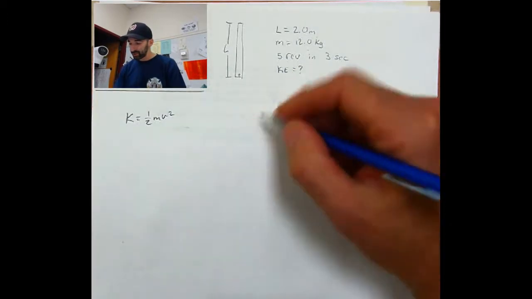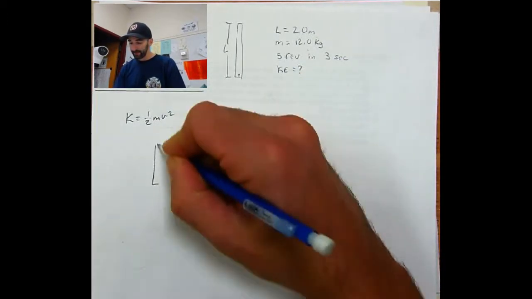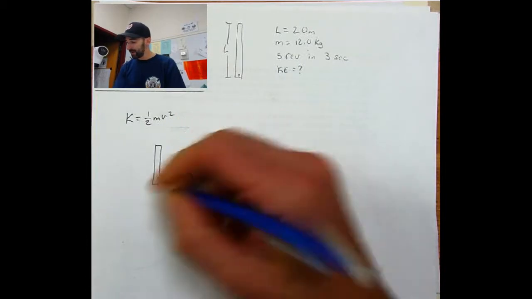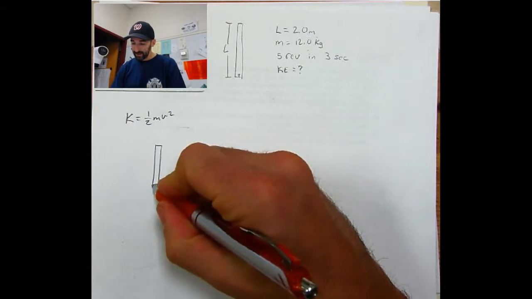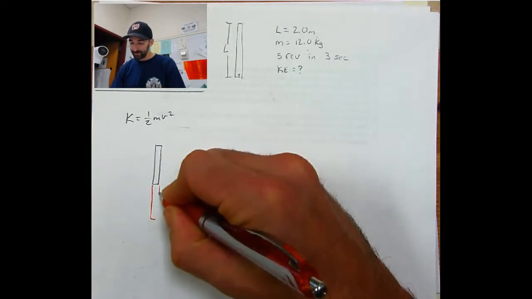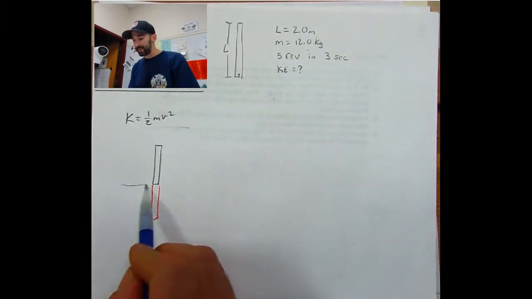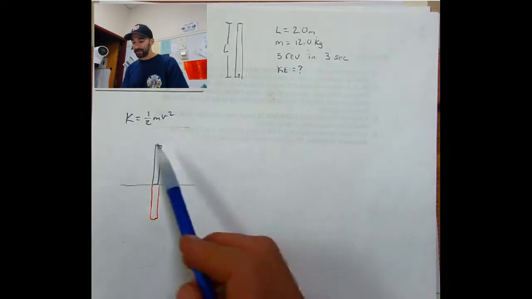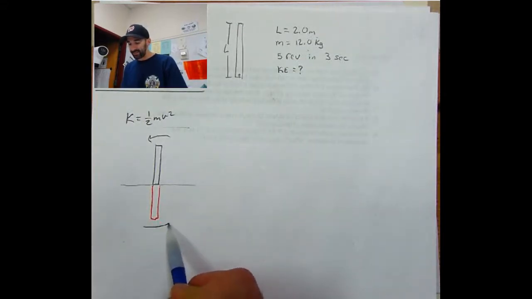If I redraw my picture, my bar, here, like so. Now I'm going to extend that bar such that this is the plane that it's rotating around. So this bar, the way that I've drawn it, is now rotating in this fashion.